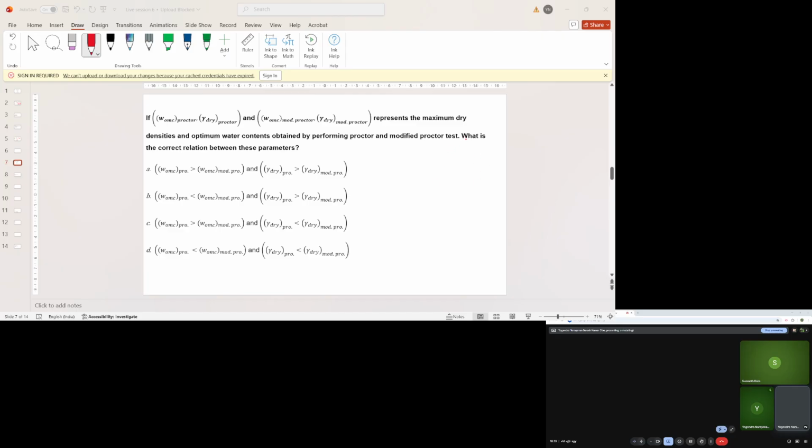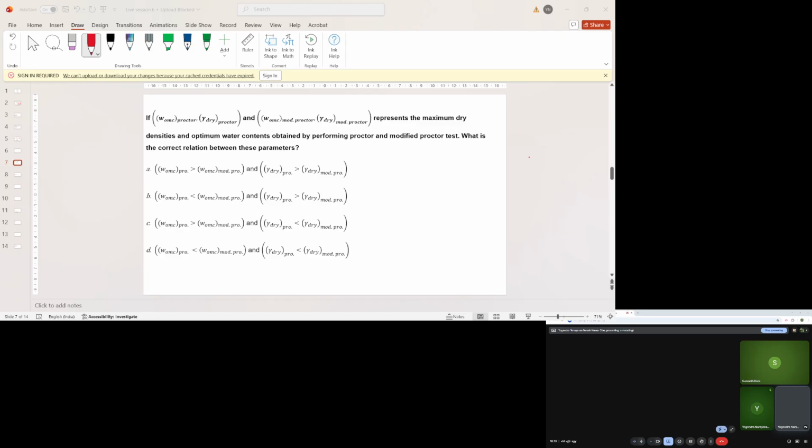So this is going to be OMC for the standard Proctor. And this is going to be MDD for the standard Proctor.